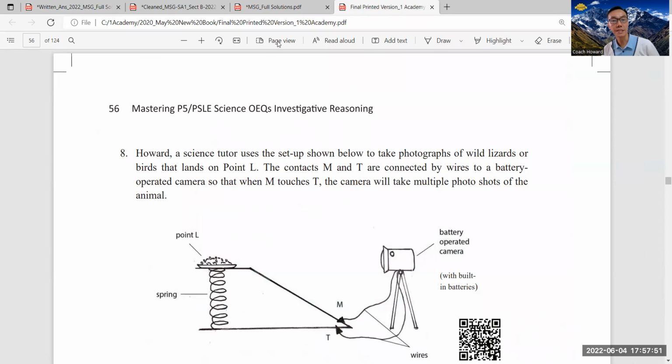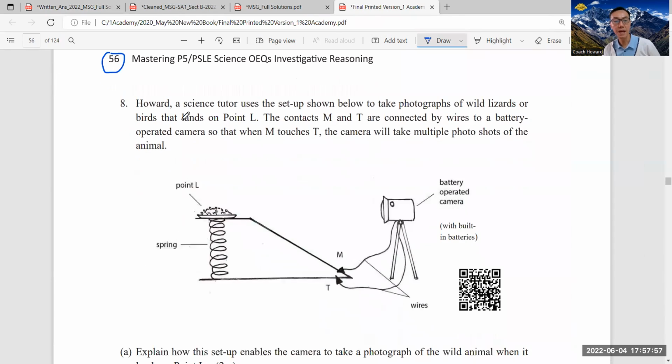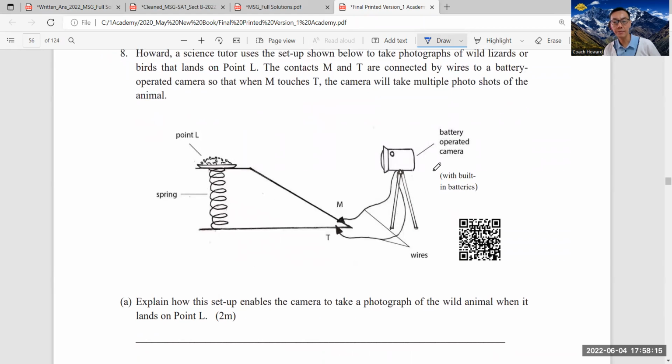Okay, so I want you to see this question and compare it to my book, which some of you have. It's on page 56 of my book. So the same thing: Howard, a science tutor, uses the setup below to take photographs of wild lizards or birds that land on point L. The contacts M and T are connected by wires to a battery-operated camera so that when M touches T, the camera will take multiple shots of the animals. So I put here, there are built-in batteries here.